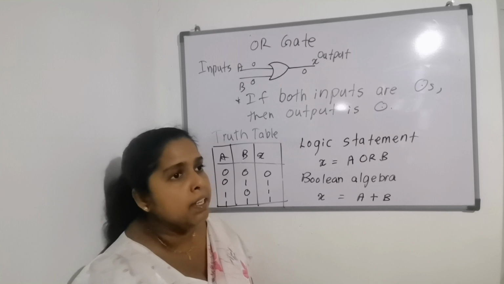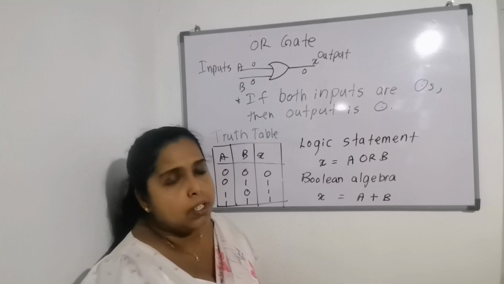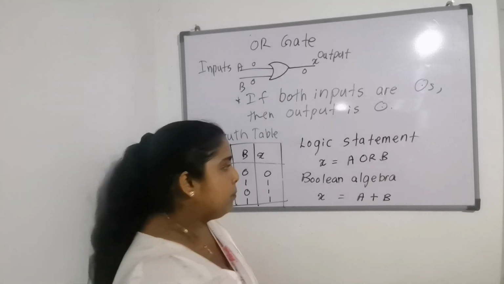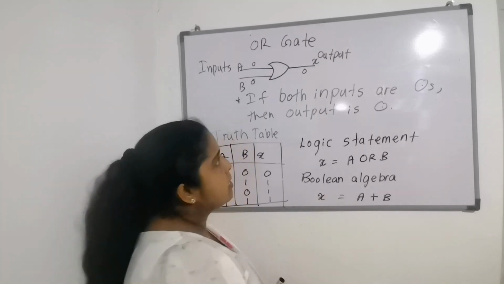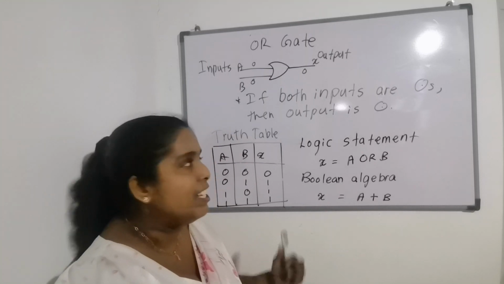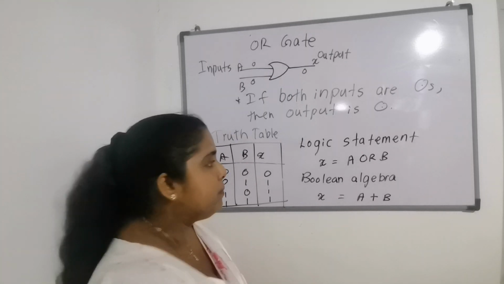And there is the XOR gate also, that is somewhat different from this, but there's a connection also. Here, let's discuss the NOR gate now. Let's understand the NOR gate facts using the OR gate facts.